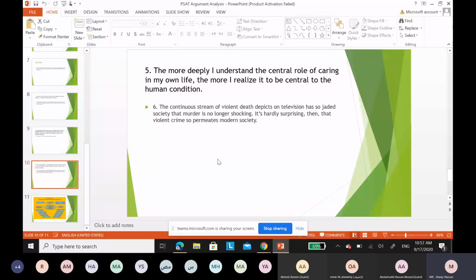So in here, I realized it to be central to the human condition is the conclusion. Well, the last sentence in here is: the continuous stream of violent death depicted on television has so jaded society that murder is no longer shocking. It's hardly surprising then that violent crime so permeates modern society.